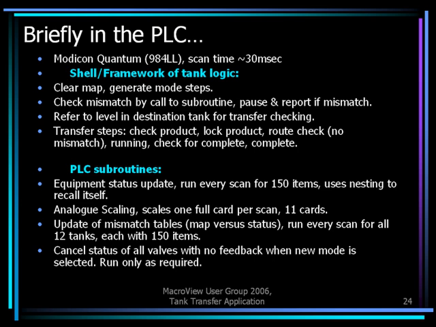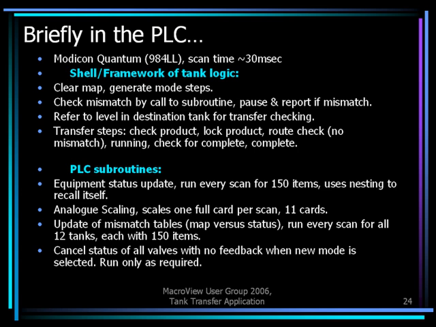It doesn't actually have any knowledge as such of the route or the job it's trying to do. It's just saying, here's a bunch of data, check the data you're given against the data that's live. If they match, good to go. If they don't match, report where the mismatch is, and that's pretty much all it does. So you've got the facility to clear the map to all zeros and generate the mode steps, or the sub-steps within a mode.